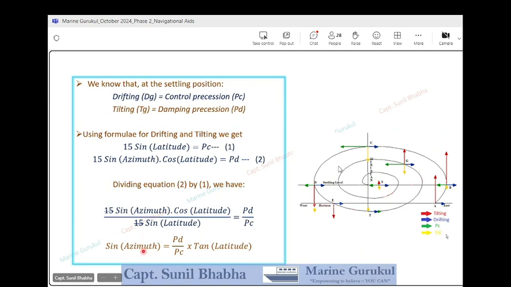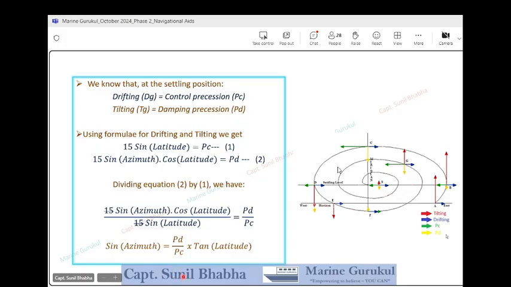15 gets cancelled in the numerator and the denominator, and we are left with the formula: sine of azimuth. This value is kept on the left-hand side, equal to PD upon PC.